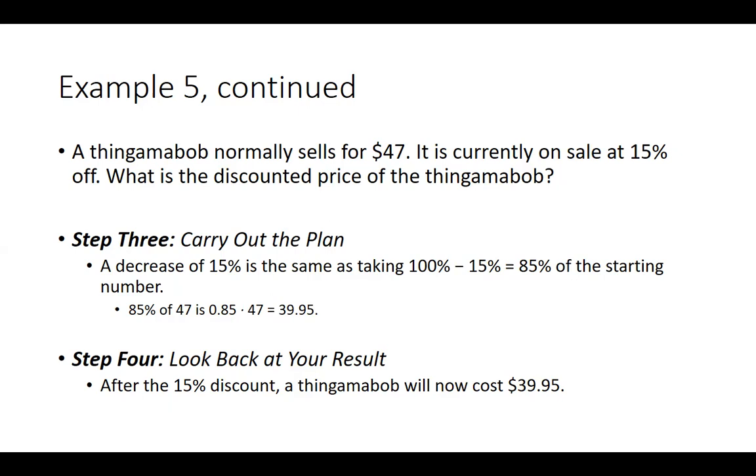So what we're really looking for is what is 85% of 47. That would be 0.85 times 47, which is 39.95. That means that after the 15% discount, a thingamabob will now cost just $39.95.